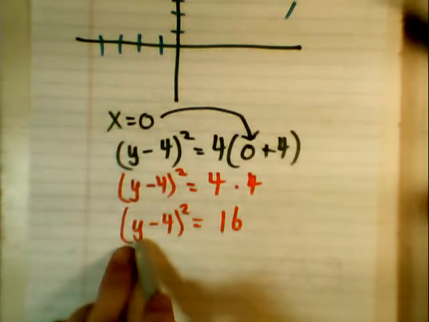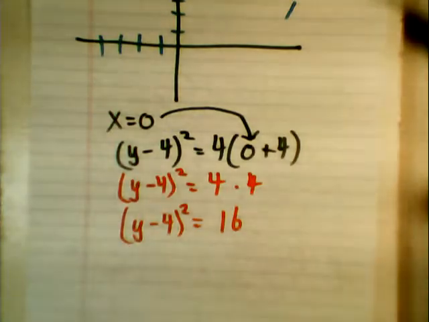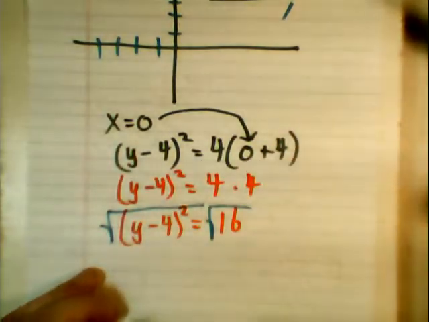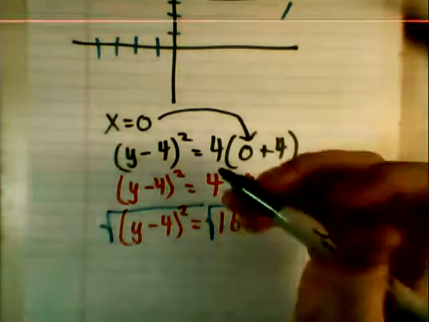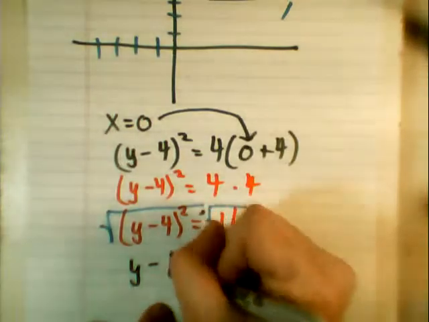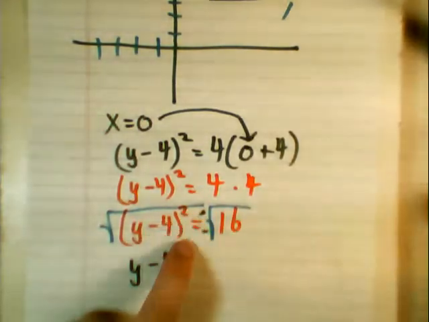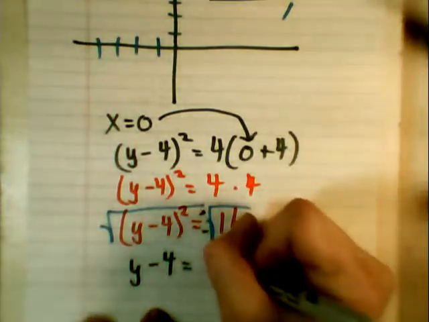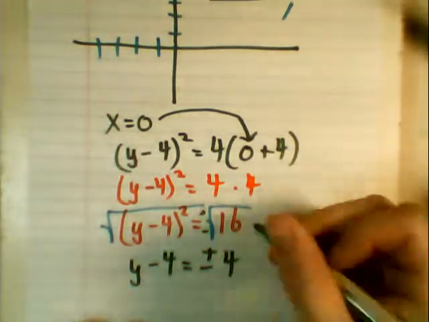Now, we need to start getting y by itself, so let's square root both sides to cancel the square. And remember, when you square root, you have a plus or minus. So we have y minus 4 equals plus or minus the square root of 16. The square root of 16 is 4, so that means we have plus or minus 4.